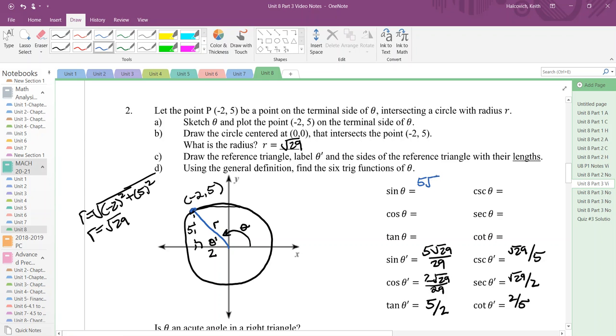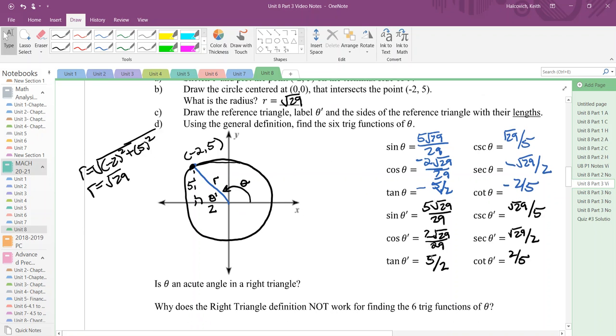So here the only difference is that these values are positive, and the cosine and secant, tangent and cotangent are negative.